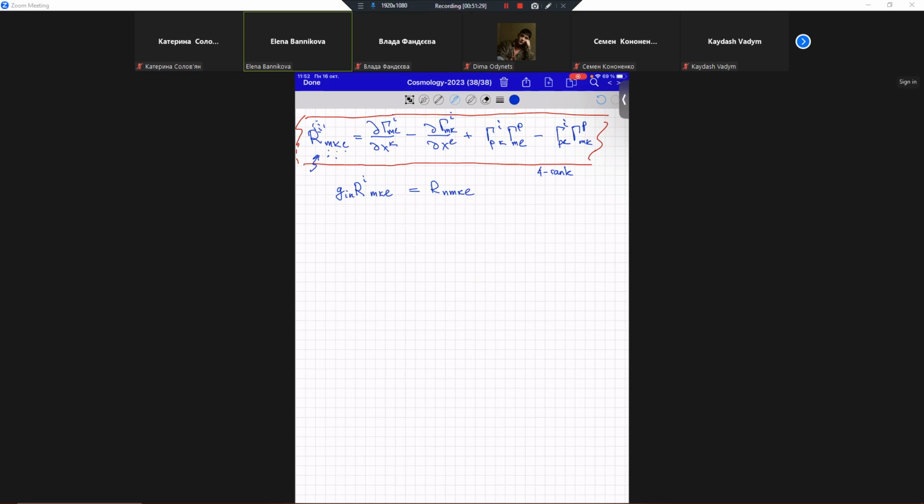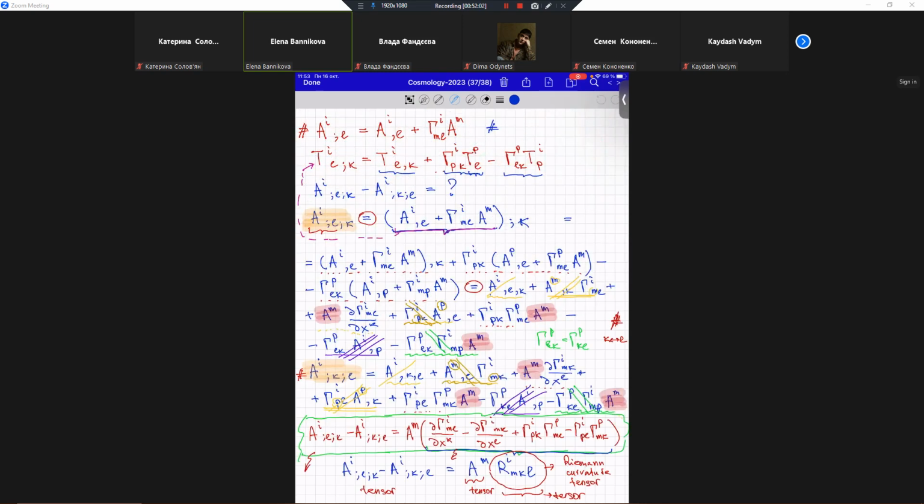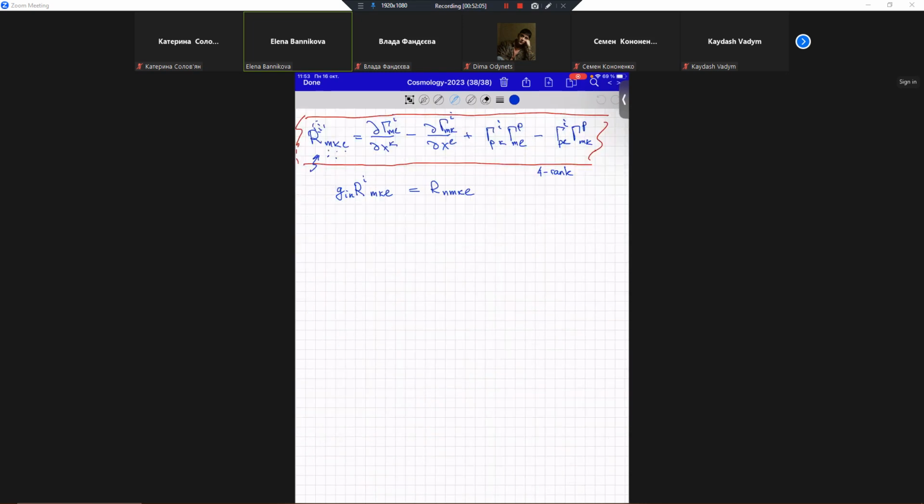You can write in your notes that the Riemann curvature tensor appears due to the fact that the operation of covariant differentiation is not commutative. Is not commutative. We will see it from this procedure which we did before.